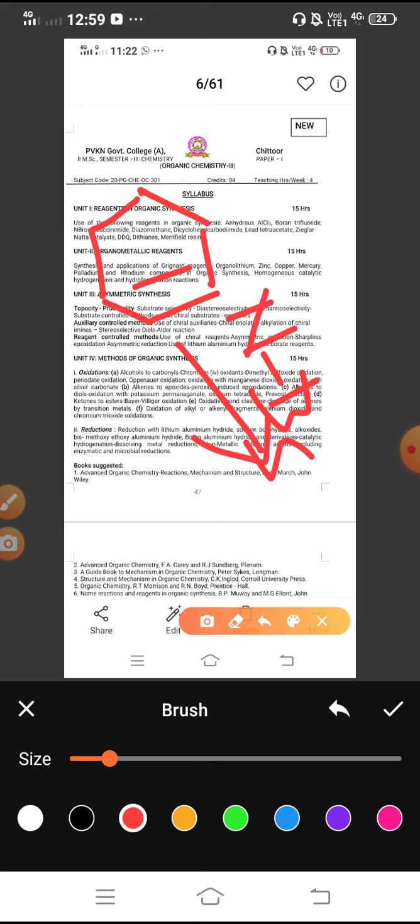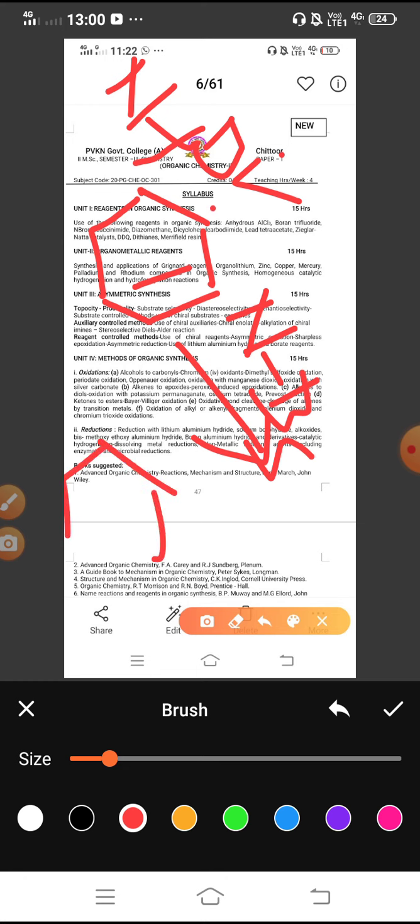We know the bond between nitrogen and bromine gives this Br radical. The product is like this, meaning the bromine is incorporated at the allylic position.